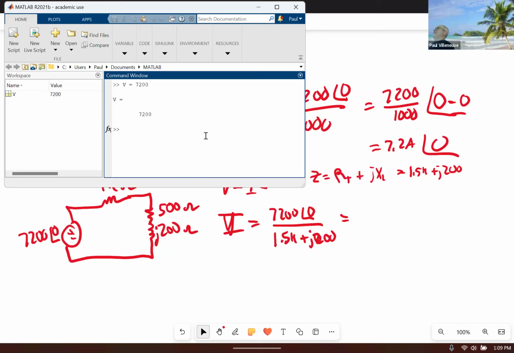It's a vector that lives on the x-axis, right? So that's easy. Now to enter Z, this has got to be a vector that includes a real part and an imaginary part. How do we enter that in? 1,500 plus J 200. Okay.